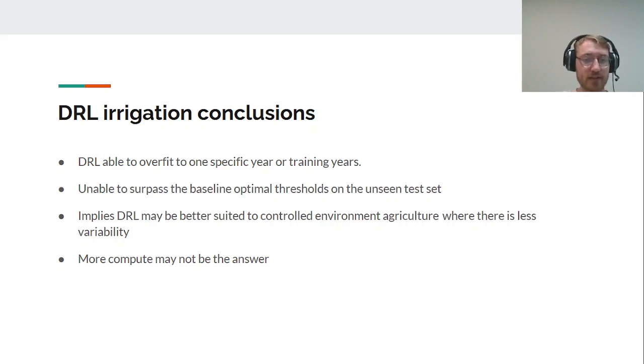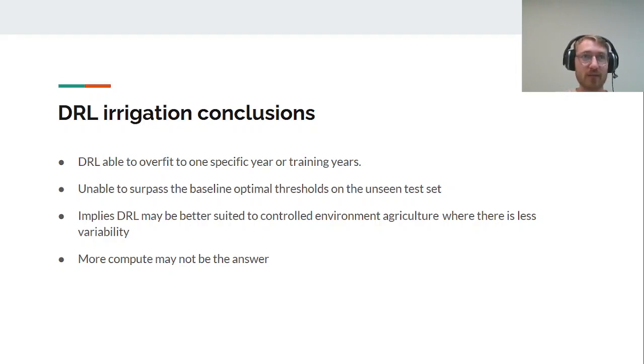I just wanted to touch on that. It may not be a simple case of me needing to train it for longer, use deeper networks and better algorithms, because each one of these agents would have to be retrained for each individual soil, crop and climate system.